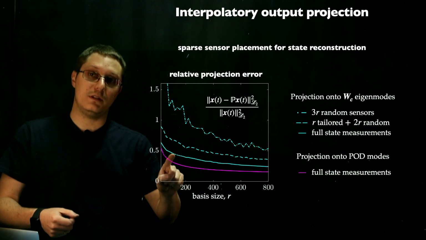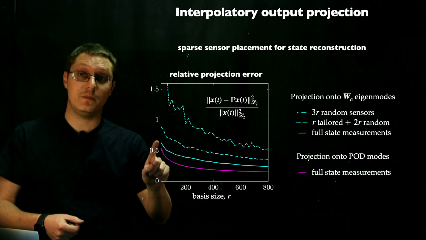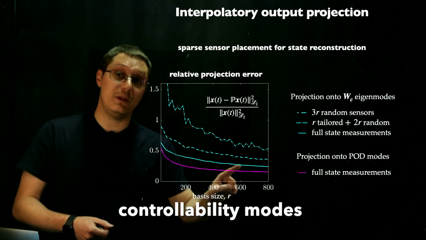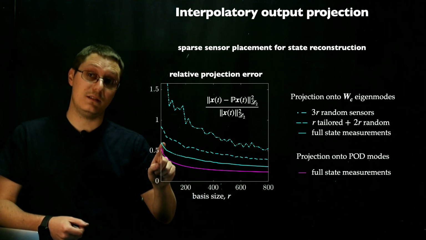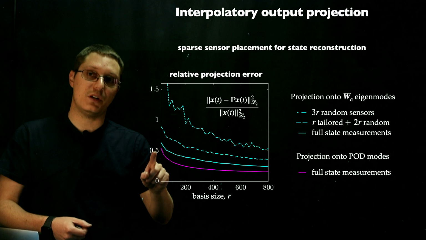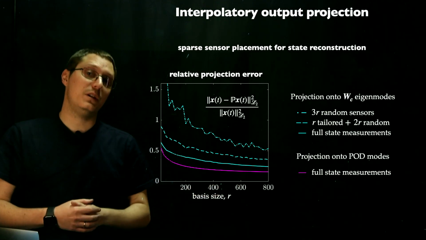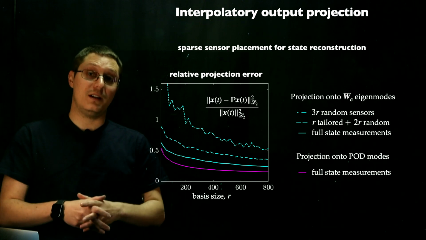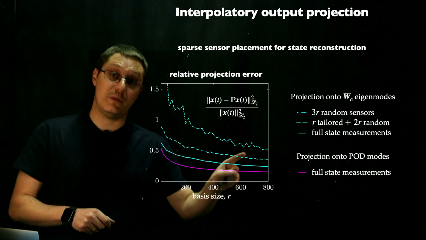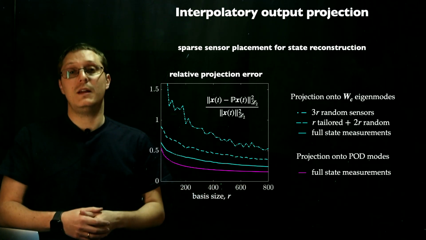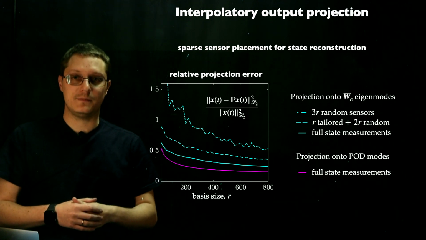So again, the modes that we're using for projection here, to remind you, are the controllability Gramians of the mean flow linearization. These results do not lag that much behind the projection with POD, and getting fully converged POD modes for a turbulent flow can be very expensive. So to achieve this, we only require information of the mean flow and the mean flow linearized equations. So this is fully data-free in that sense, which is great.